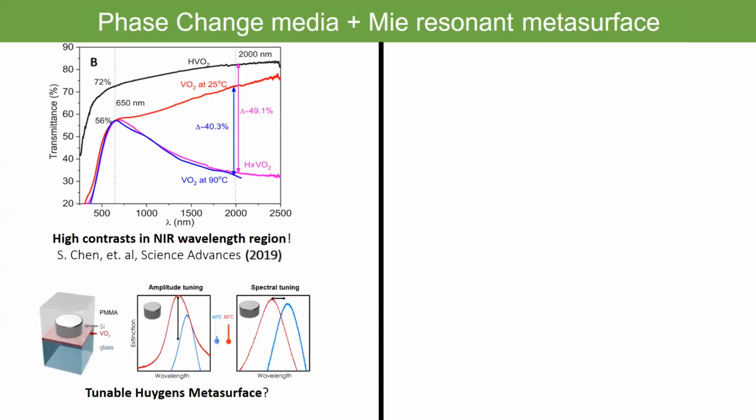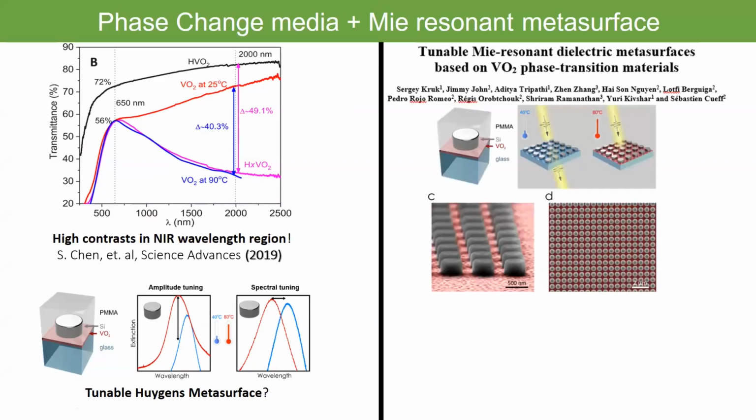So we came up with this idea that a silicon and high-index metasurface based on VO2 could be tuned by exploiting this phase transition. Amplitude tuning and spectral tuning was what we predicted, and this is what we also demonstrated.